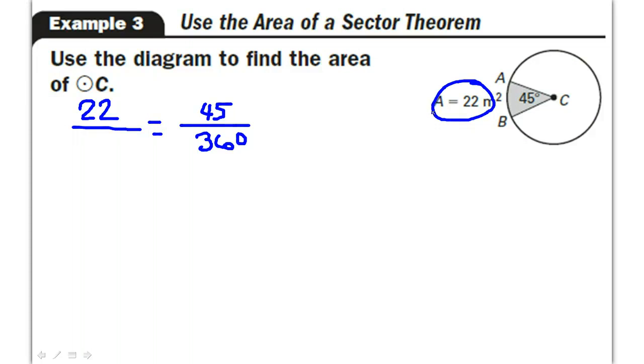I don't know. Here's a hint. What are we being asked to find? Read the directions. What are we being asked to find? We're being asked to find the area of the circle. Right. It says use the diagram to find the area of circle C. We're supposed to find the area of the whole circle. Would it make sense for them to say find the area of the whole circle and then give us the area?